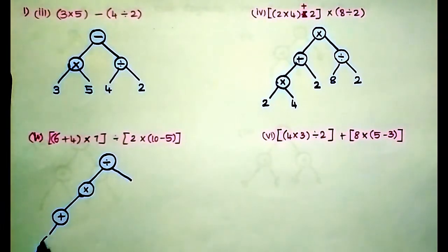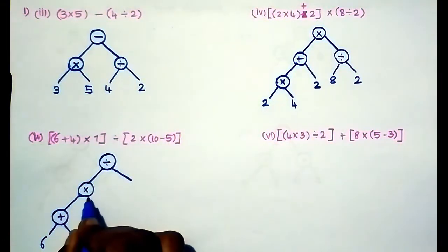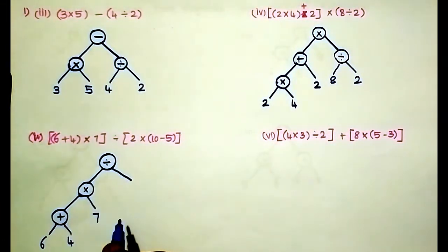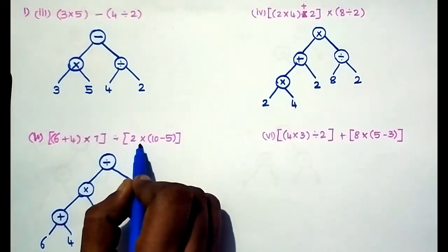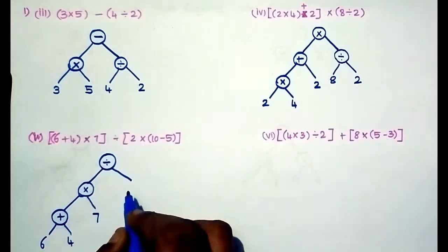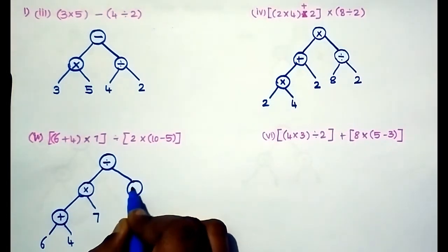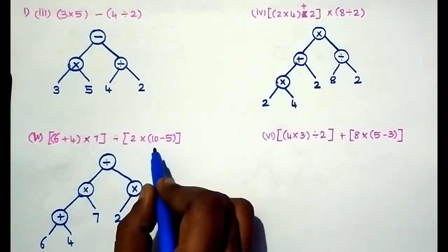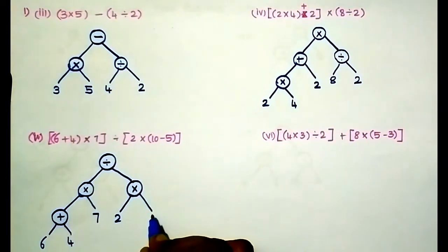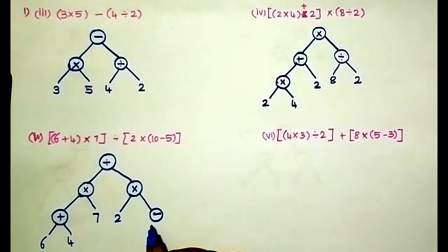Like this only, into 7, and here 2 into 10 minus 5. So that is the multiplication. Which numbers? 2 and 10 minus 5. Here one operation is there, so put it in a circle, and the numbers are 10 and 5. That is the answer here.